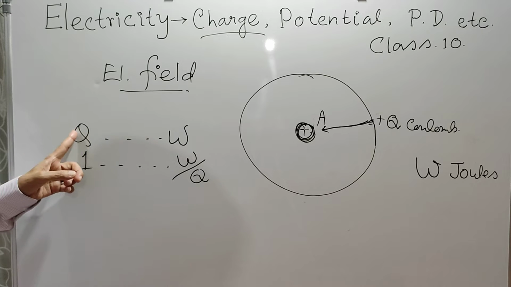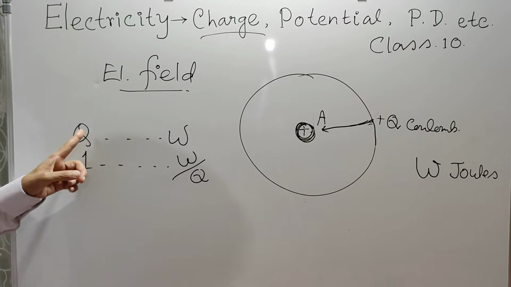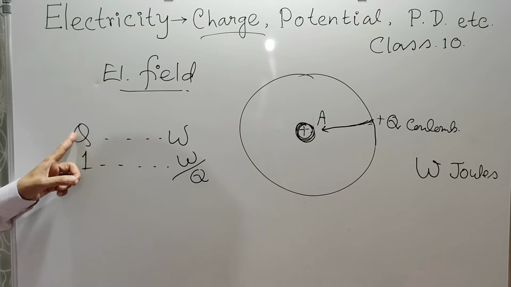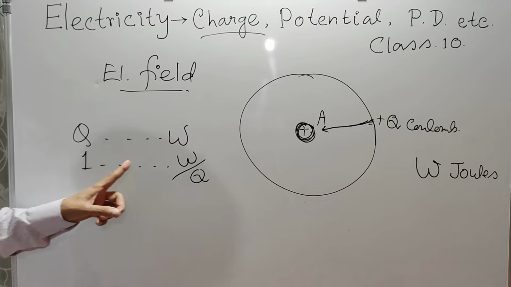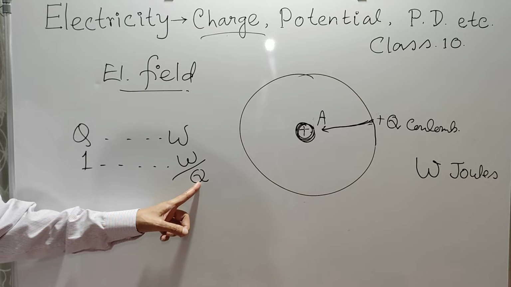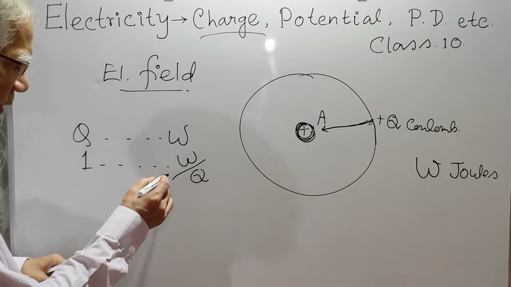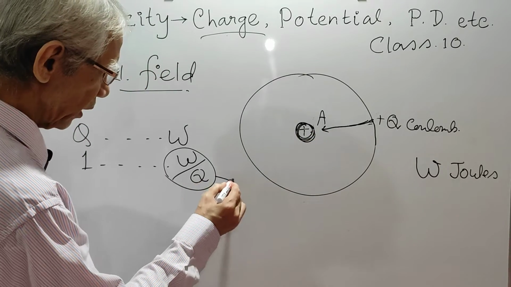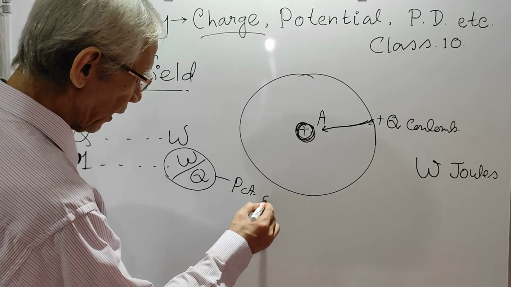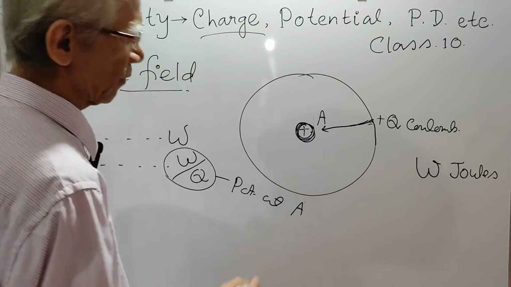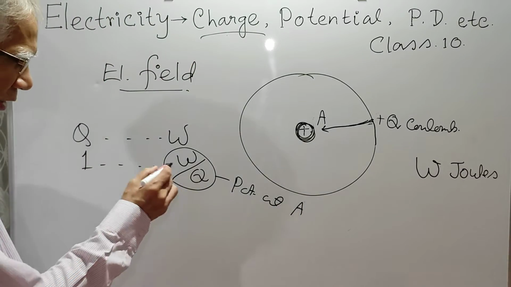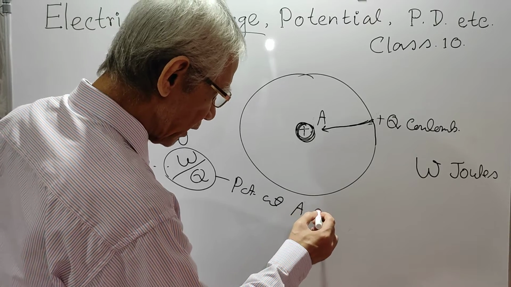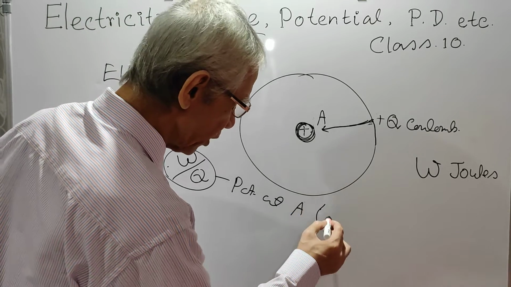To move q coulomb of charge, work done is W joules. Therefore, to move 1 coulomb of charge, work done will be W by Q. All right. So this W by Q will be potential at A. And the SI unit of potential is volt.